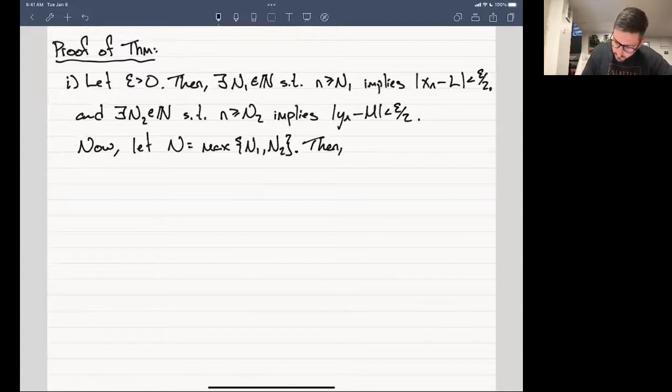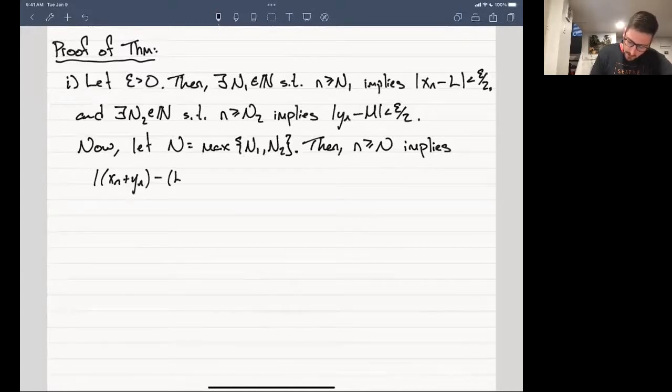Then if n is beyond capital N, it's beyond n1 and it's also beyond n2. So this implies, remember, we want to show that xn plus yn minus L plus m is less than epsilon. I can first rearrange here.